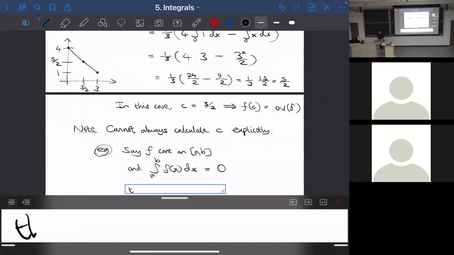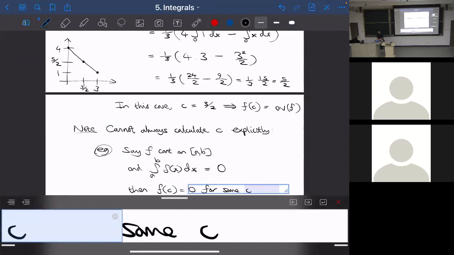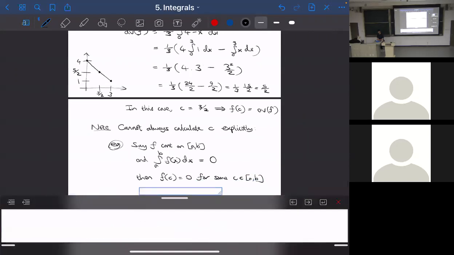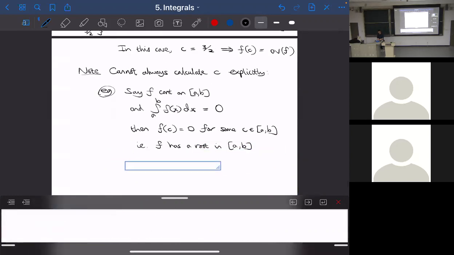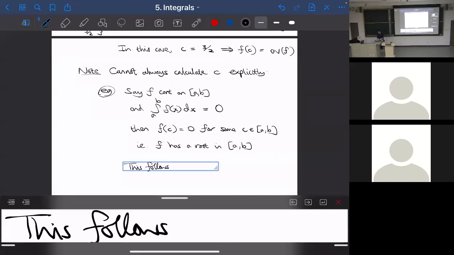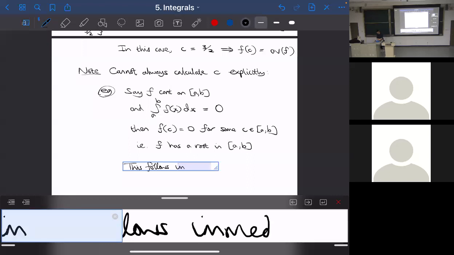Well then, f(c) equals 0 for some c in (a, b). So i.e., f has a root in this interval. And this follows immediately from the theorem above.